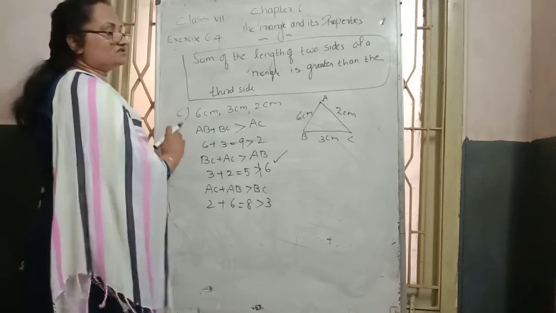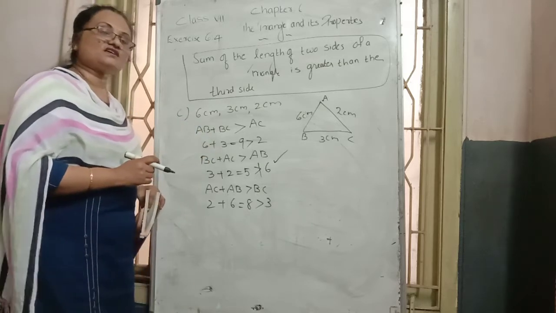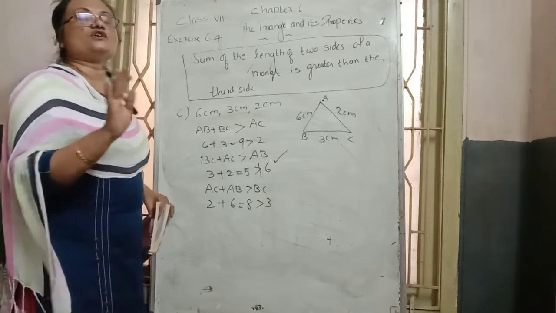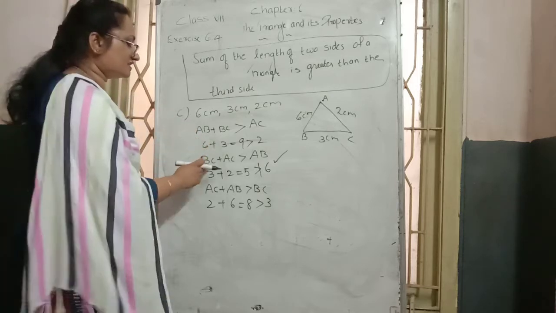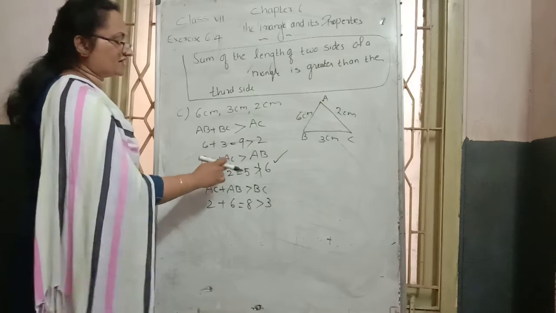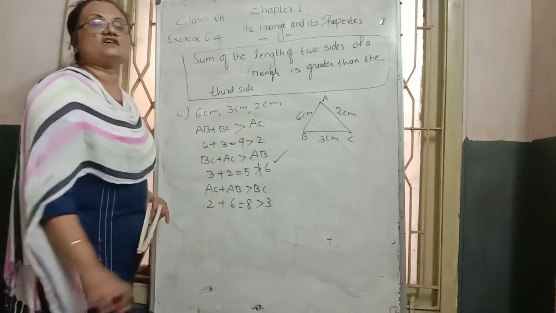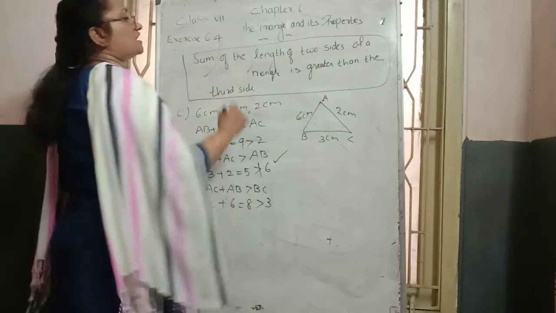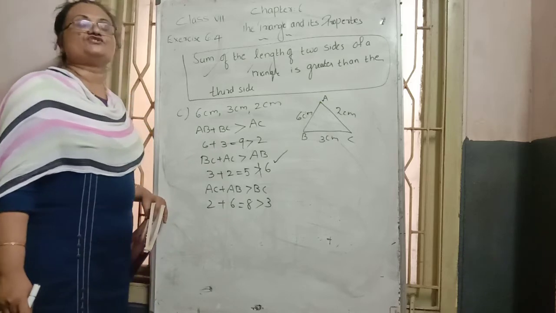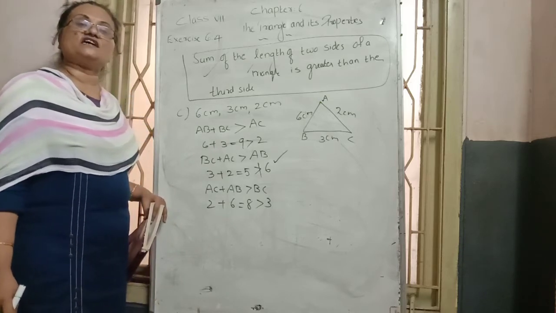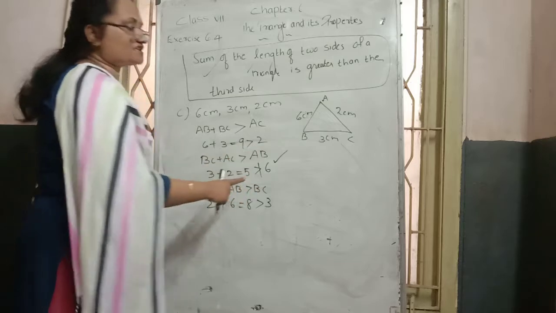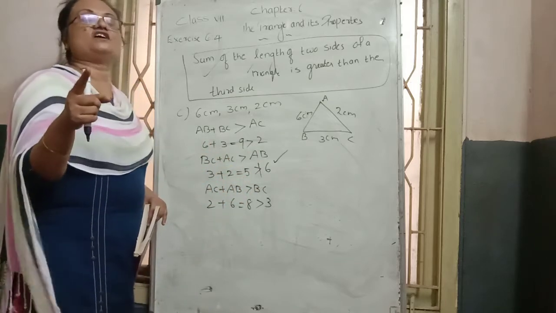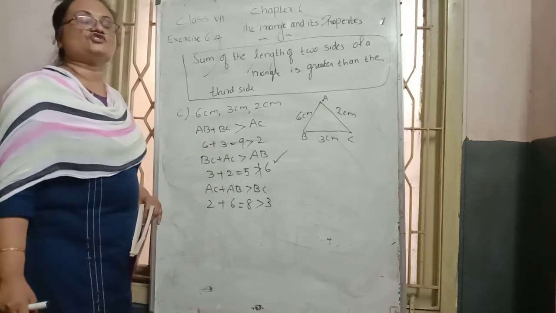So what about the C question answer? It is not possible. What is the reason here? The sum of these two sides is lesser than the third side. Our property says that the sum of the lengths of two sides of a triangle is always greater than the third side. Here, among the 3 ways, in 1 way the sum is lesser than the third side.